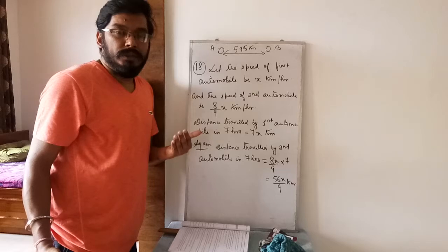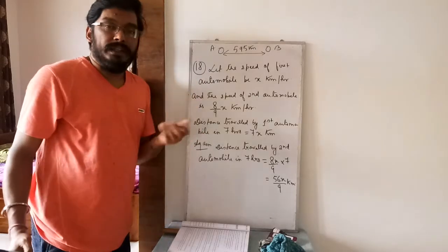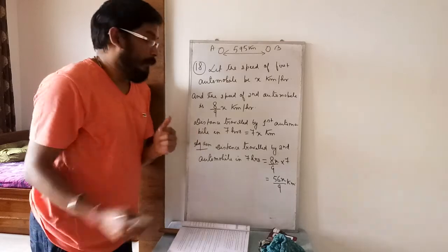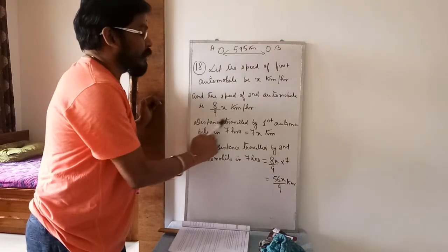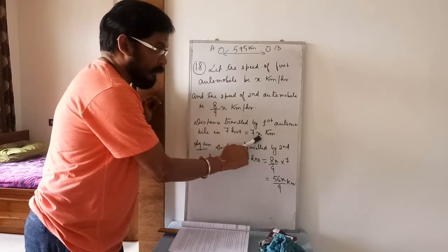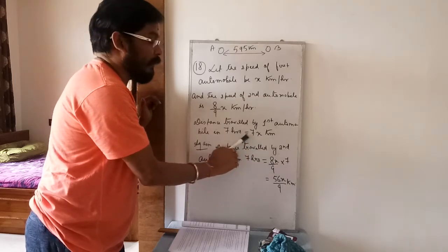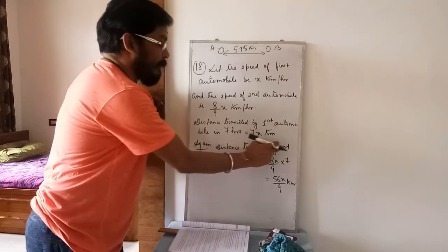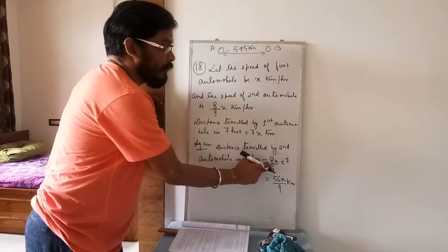Since I know the speed and the time they traveled, I will find the distance. Distance equal to speed into time. So I have found the distance traveled by the first automobile in 7 hours, speed x into time. Again, the distance traveled by the second automobile in 7 hours, speed into time.